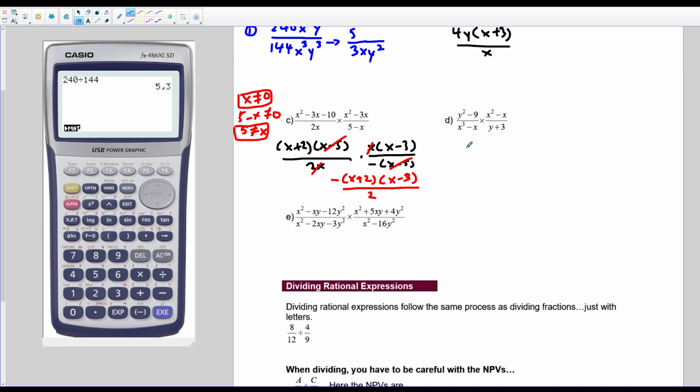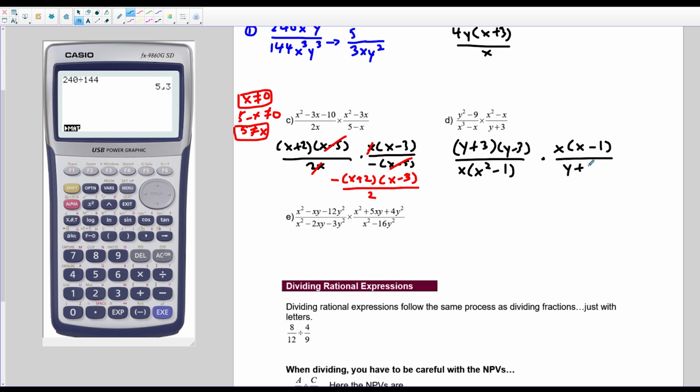For this next one, we'll have to do a little bit of factoring. We can see here that we've got a difference of squares on top, so that's y plus 3, y minus 3. On the bottom, I'm going to factor out an x, so I'm left with an x squared minus 1. We're going to have another difference of squares here on the bottom. Let's continue by factoring out an x from the top, so I'm left with an x minus 1.